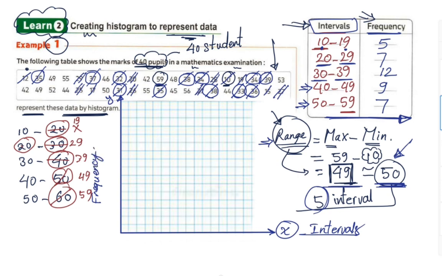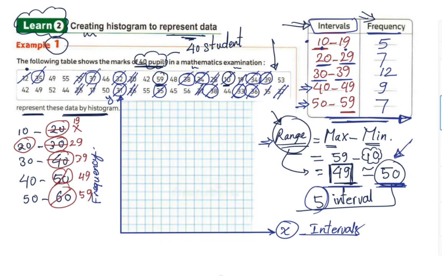Yes, now you have intervals and their frequencies from this table, right? Now draw intervals on the x-axis. How? We have 5 intervals from 10 to 19 and so on. You can make each interval as a column.